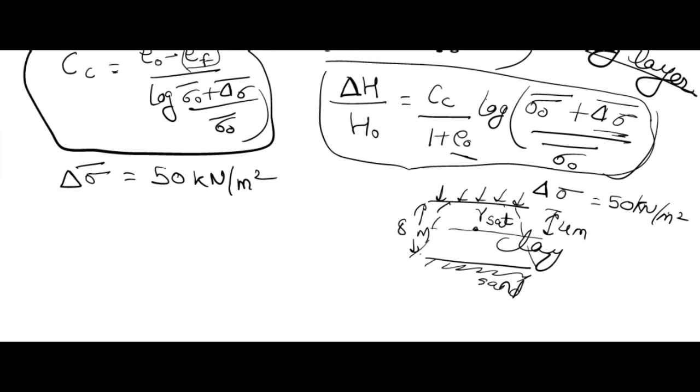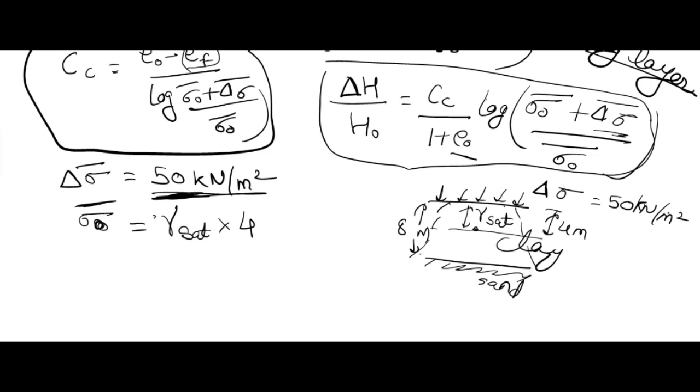So the initial effective stress sigma 0, before this 50 kN per meter square load was acting, just at the center of the clay layer, just due to the weight of the soil, will be equal to unit weight of soil gamma sat into the height at the center, that is 4.